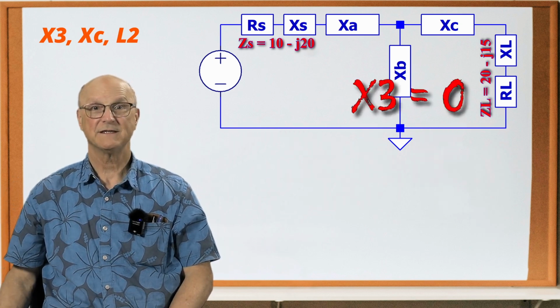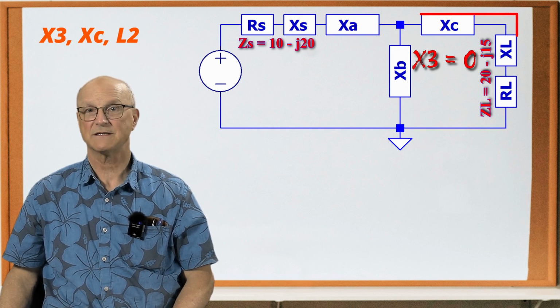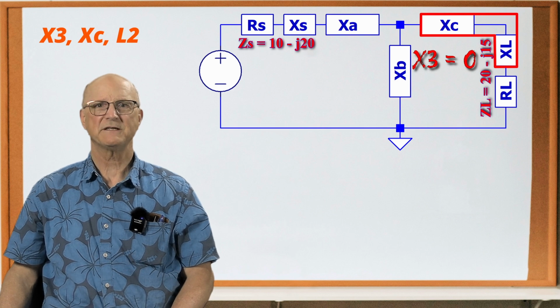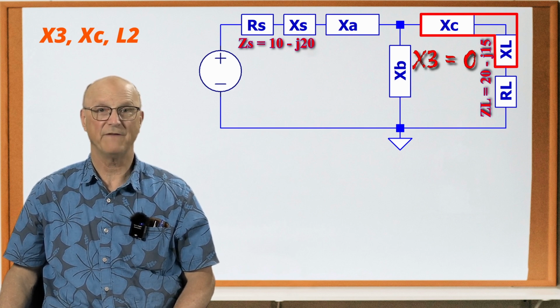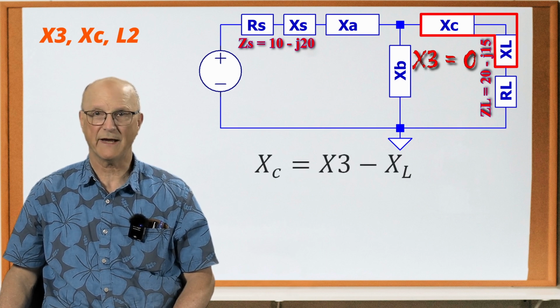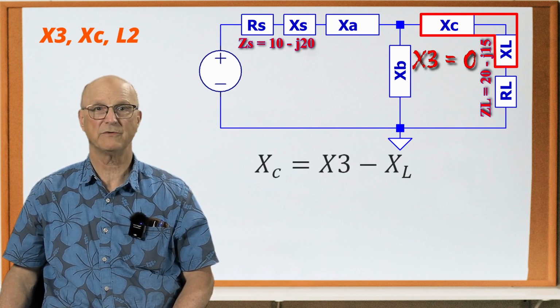But this is a series combination of XC and the load's series reactance. To disentangle these, to arrive at a value for XC, we simply subtract the series reactance of our load from X3.